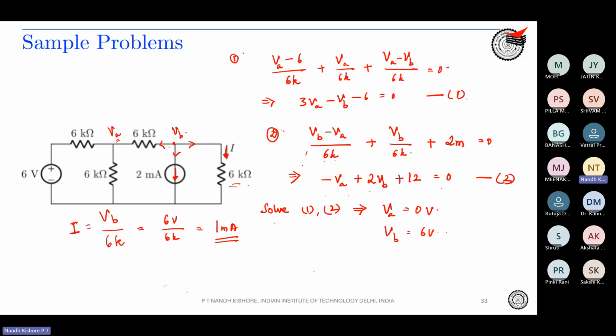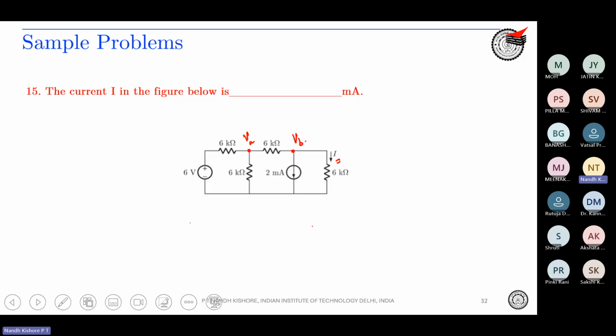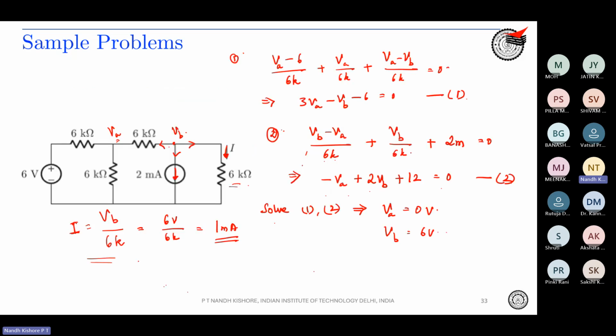Is this fine with everyone? We just apply nodal analysis. So this was a pretty simple problem. Just apply nodal analysis, and I is basically VB by 6K.